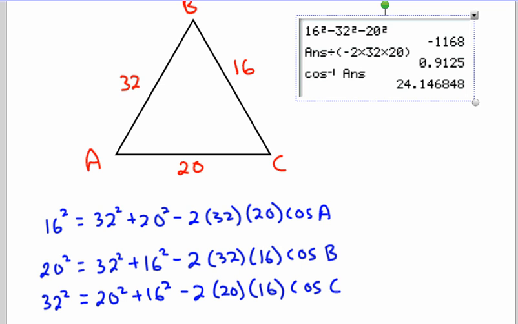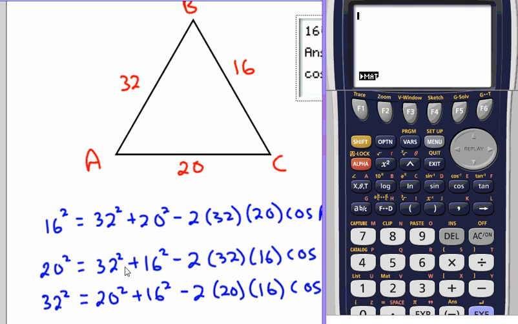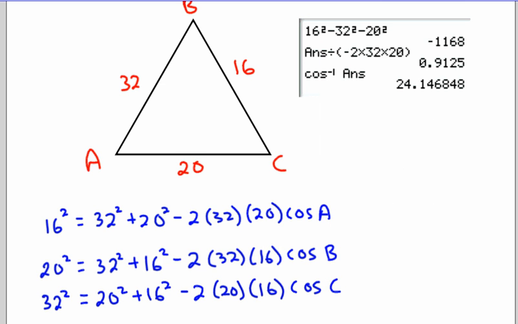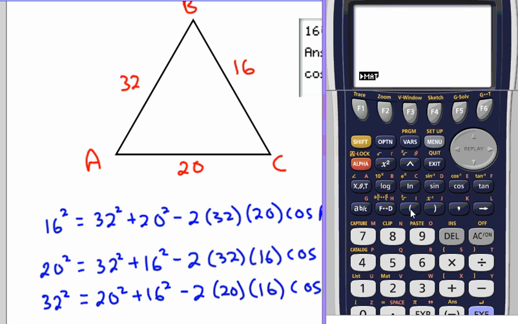All right, now I'm going to see if I can do it all in one step for angle B. In parentheses, I'm going to do 20 squared. Oh, actually, this will be 2 steps, but still. I'm going to do 20 squared minus 32 squared minus 16 squared, and then I'm going to divide that by -2 times 32 times 16.